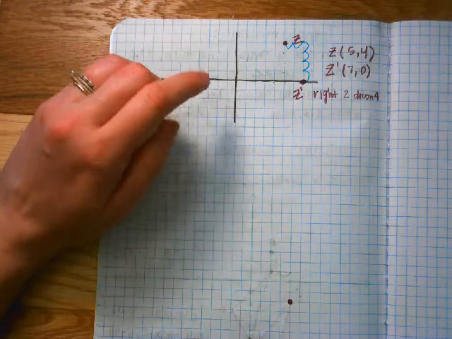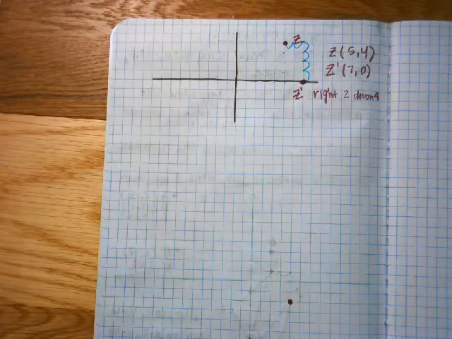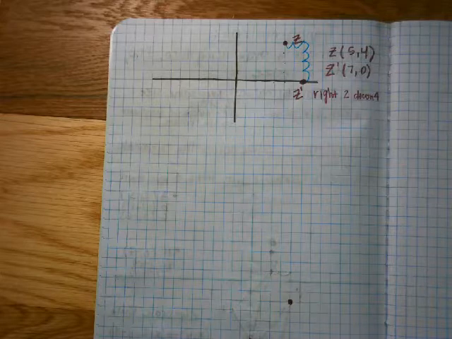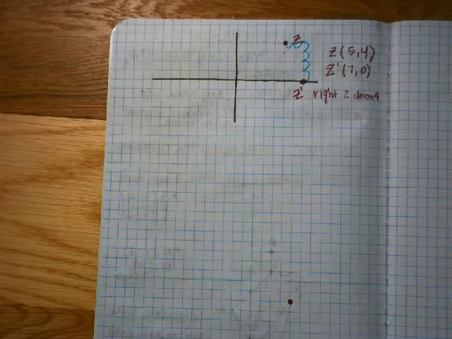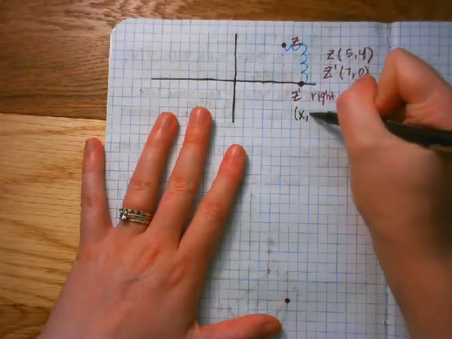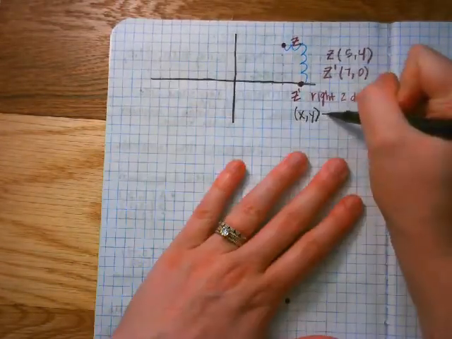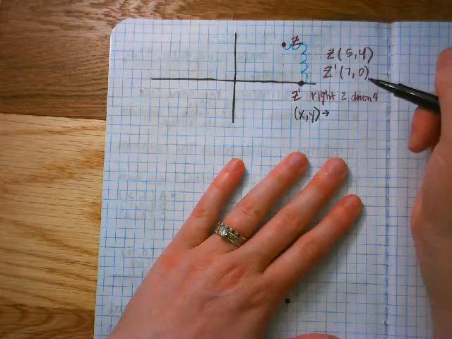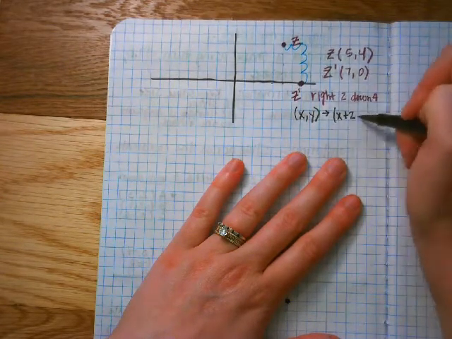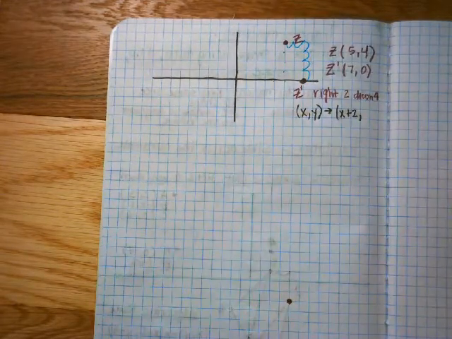All right, so what do you notice about this one if we wanted to write a rule? What did we do to X here? Good. How many did we add? Beautiful. Thank you, Kennedy. X plus 2. And then what did we do to Y?